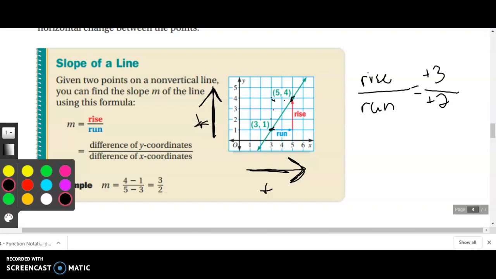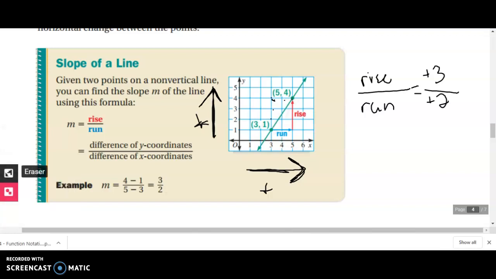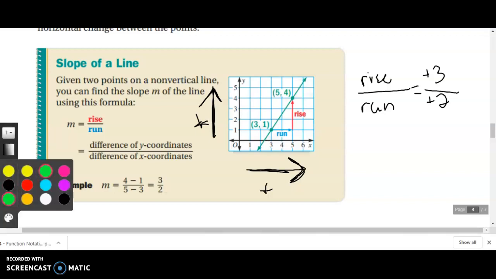Okay? Now, the reason why I'm telling you that is because you notice how I didn't tell you what order you had to do the rise over run. So what if, instead of going from 3, 1 to 5, 4, what if instead we looked at going from 5, 4 down to 3, 1?